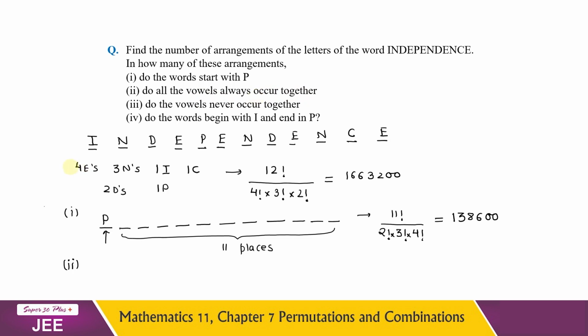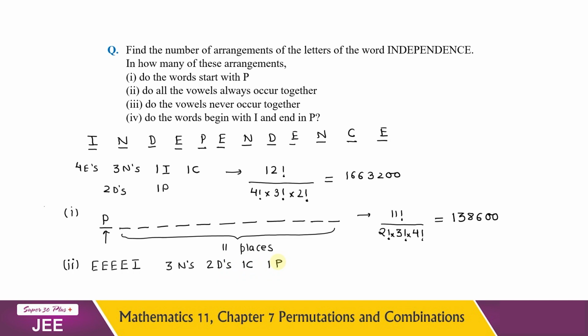We have 4 E's and 1 I. So we have E, E, E and one more E, and then we have I. These are the vowels in the word independence. And apart from these 4 E's and this I, we have 3 N's, 2 D's, 1 C and 1 P.